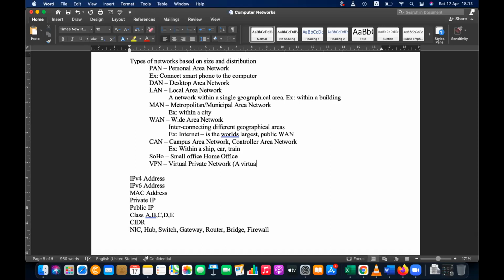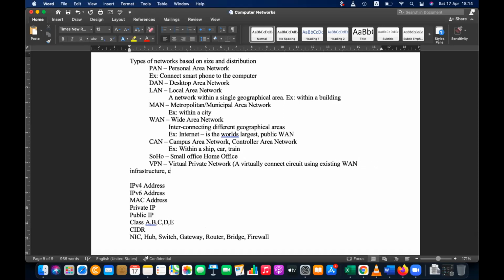A virtual connected circuit using existing wide area network infrastructure. For example, a VPN using the internet. You can use the existing wide area network.